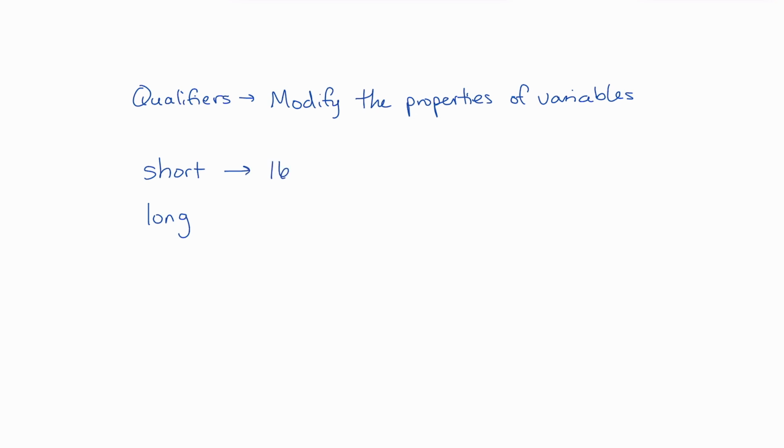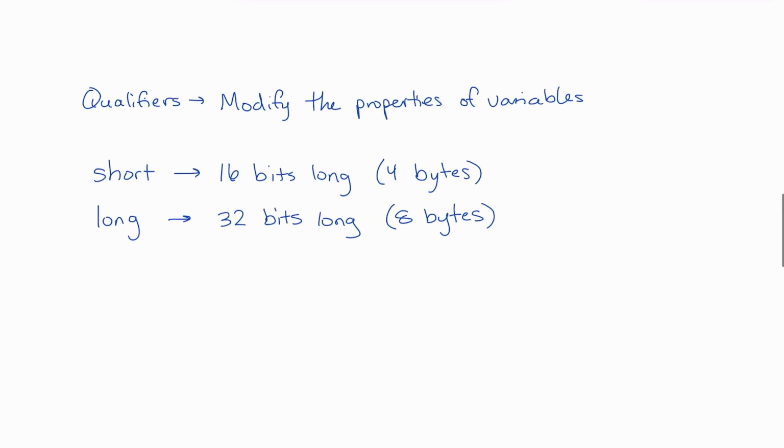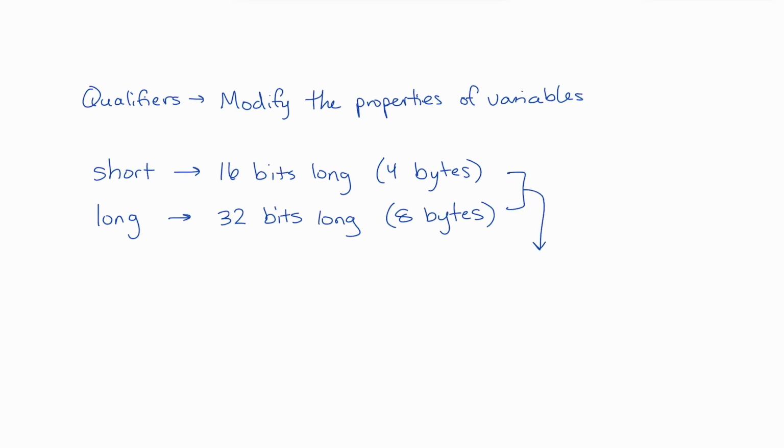Short is often 16 bits long, or 4 bytes, whereas long is typically at least 32 bits long, or 8 bytes. However, these values are variable to change depending on the machine.